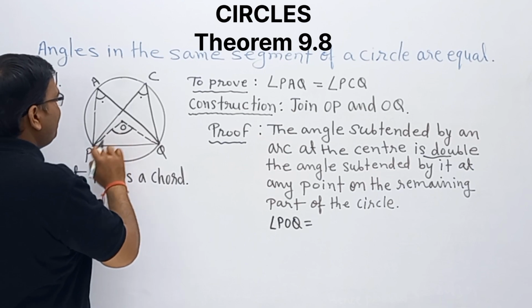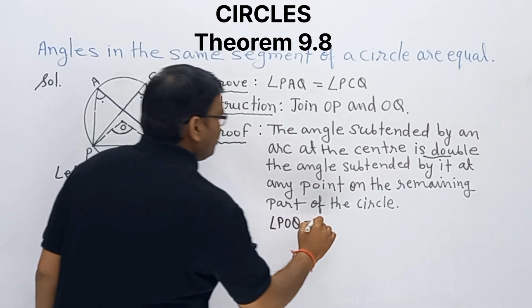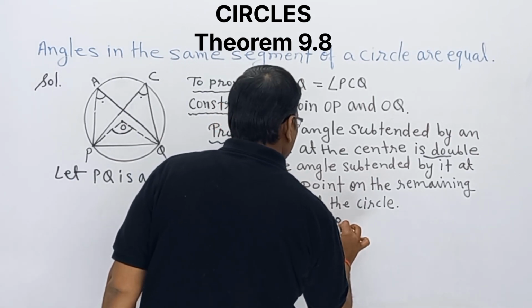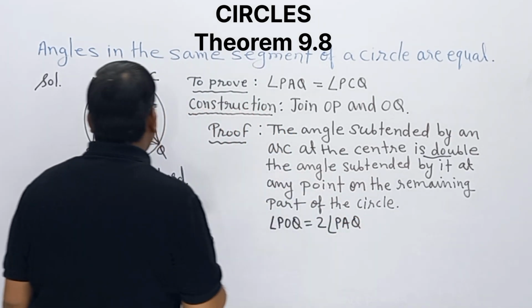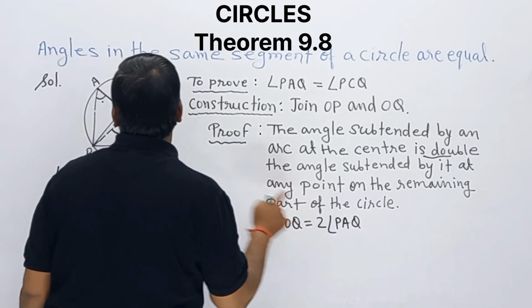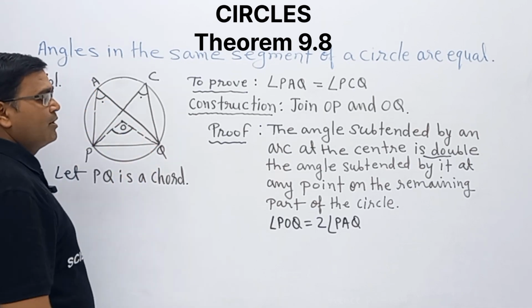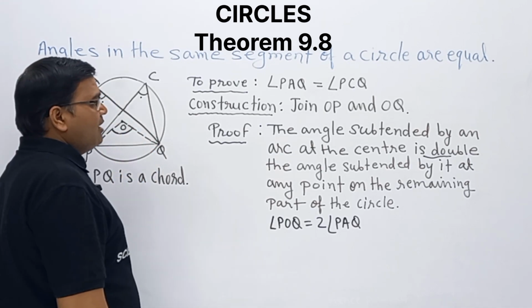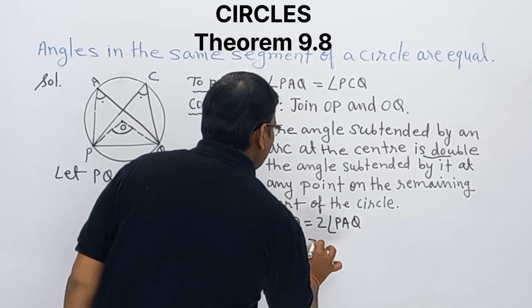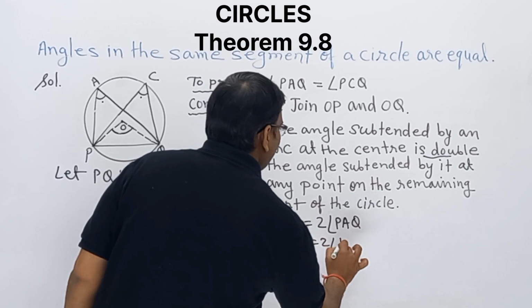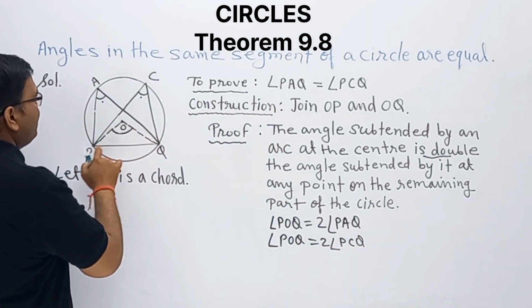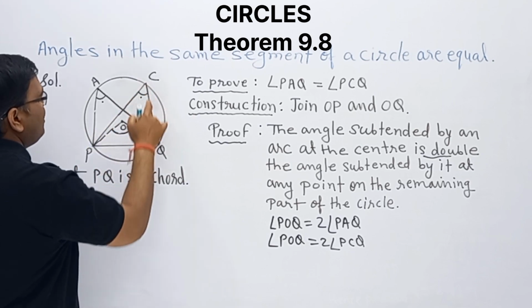So angle POQ equals 2 times angle PAQ. Clear? And we can also say angle POQ equals 2 times angle PCQ. Yes or no?